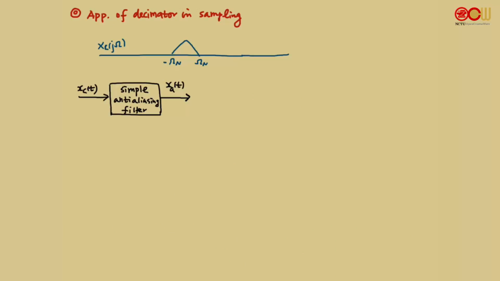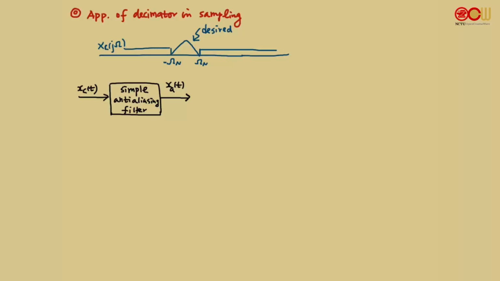Suppose our xc contains some desired signal. The desired signal has cutoff frequency around omega n, and this is the desired signal. But it also contains some unwanted noise, and the unwanted noise is high frequency noise.